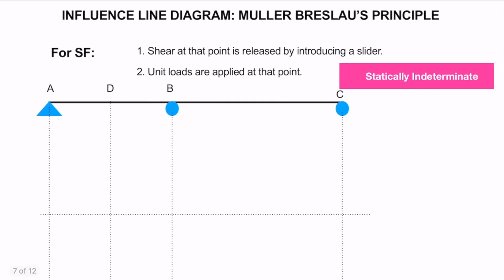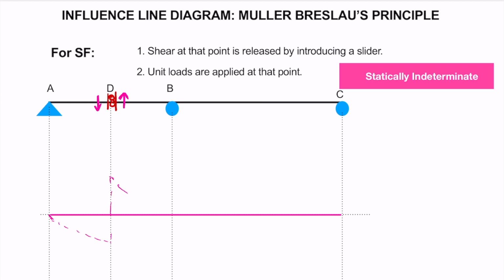Let's see how to find the ILD for shear force. So here also suppose we need to find ILD for shear force at point D. So we will introduce a slider at this point. Like before, we will apply the upward displacement on the right side and downward displacement on the left side. So whatever be the deflected shape of the beam roughly will represent the ILD for shear force at point D. So after applying this kind of displacement, the beam will roughly deflect like this.